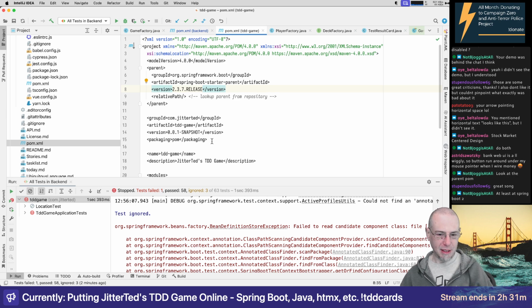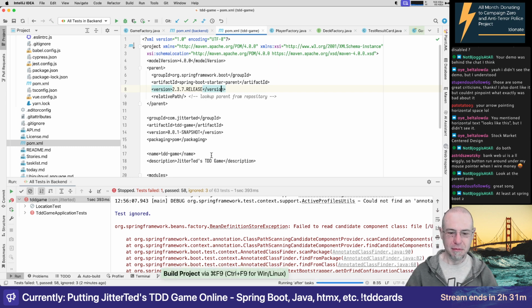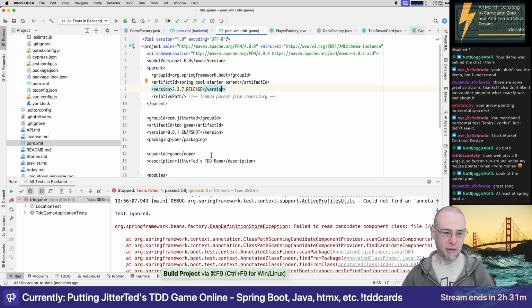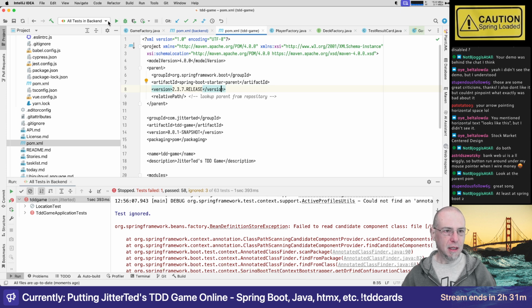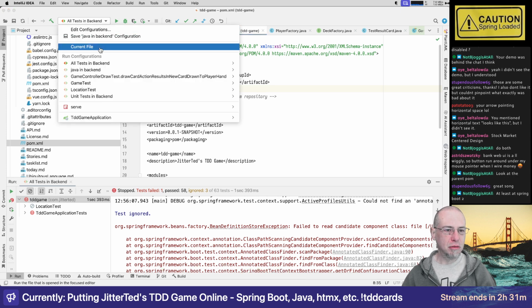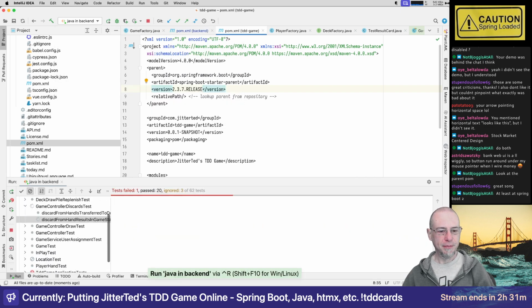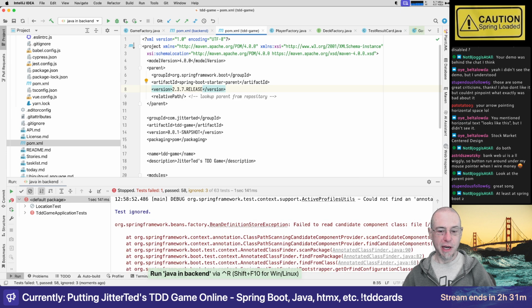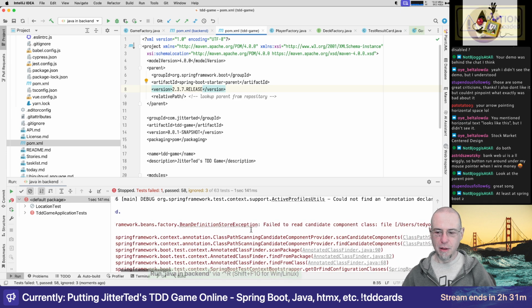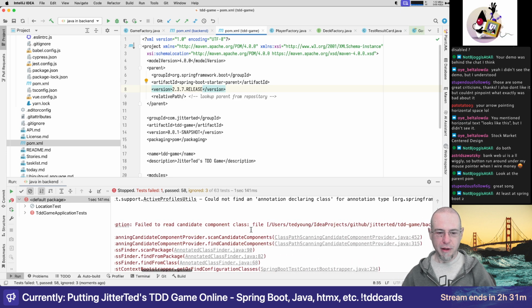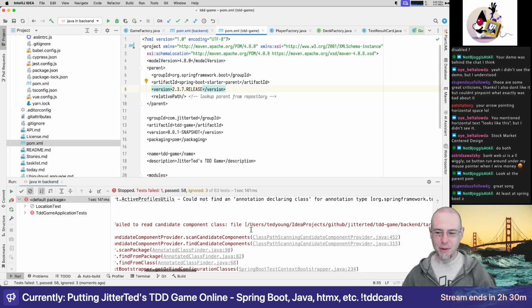Right now, why are the tests not running? Can we build? All right, we're able to build, so everything compiles. Let's run those tests. All right. Failed to read candidate component class.